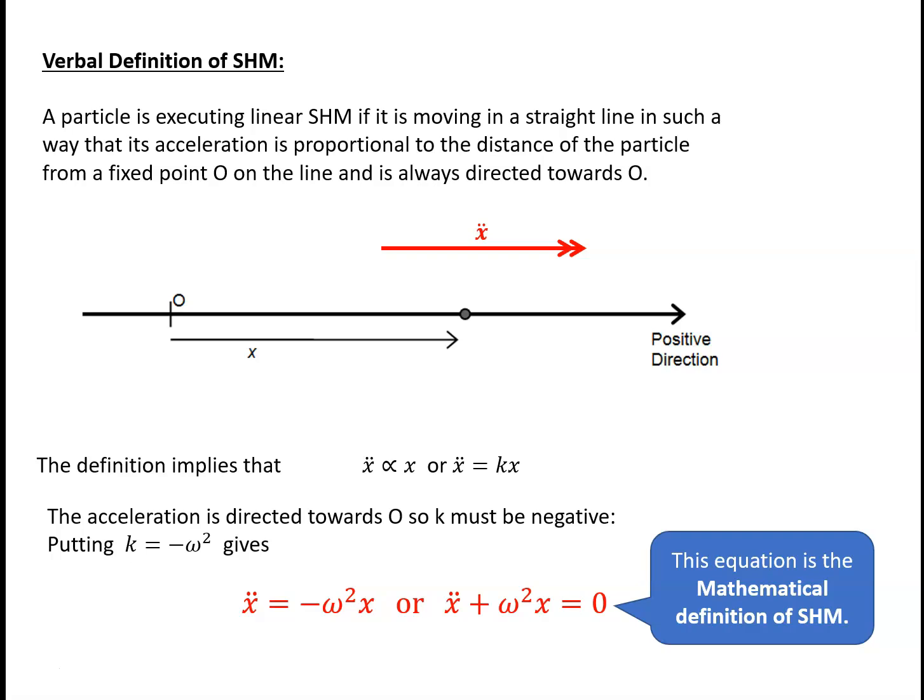So we've got our definition. Our mathematical definition of simple harmonic motion is an object that is moving in such a way that it satisfies the differential equation x double dot equals minus omega squared x, or equivalently x double dot plus omega squared x equals 0.